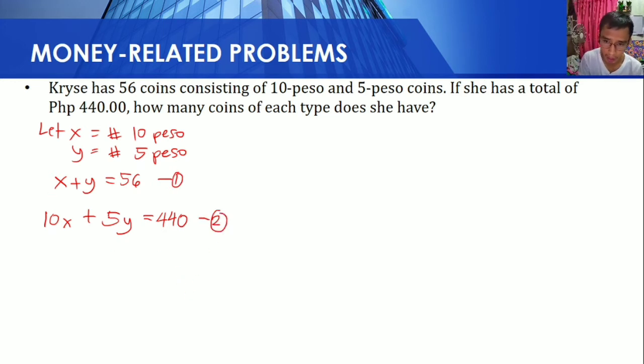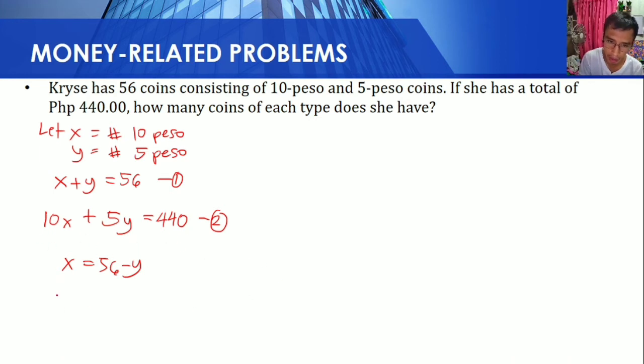So pwede natin kunin yung value ng x in terms of y, or value ng y in terms of x. Kahit saan dyan. Yung sa x tayo. So x is equal to 56 minus y. So substitute natin to dito sa ating second equation.